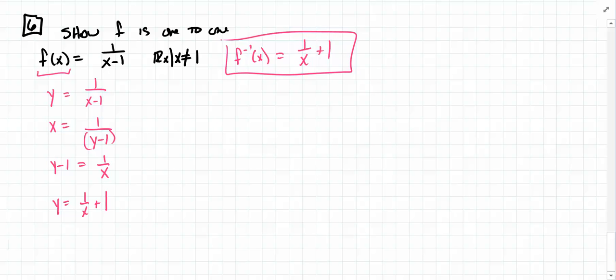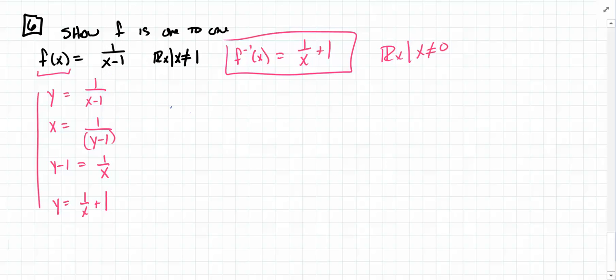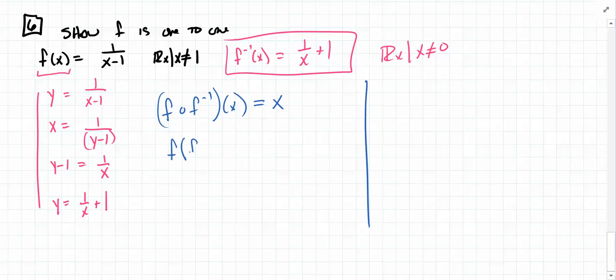Okay, so fair enough. So how do I show that this is a one-to-one function? This is what you need to do. We're going to show that f of f inverse of x is equal to x. And here's how we're going to do it. This means f of f inverse of x. Everybody so far so good, right? So that means f, well, what is f inverse of x?